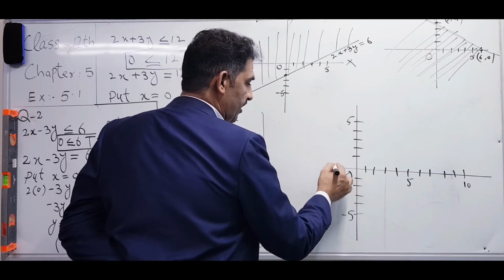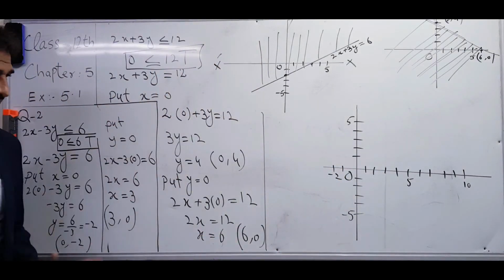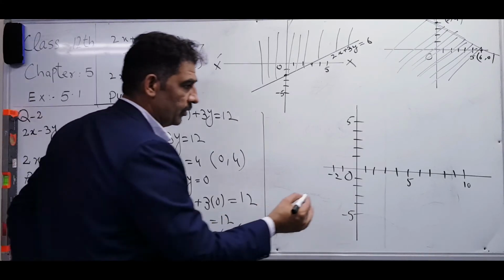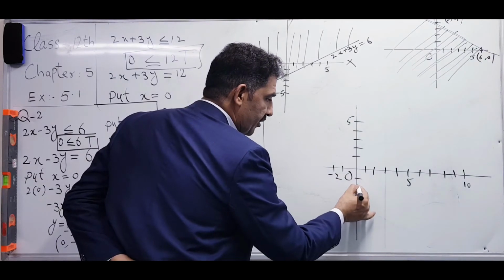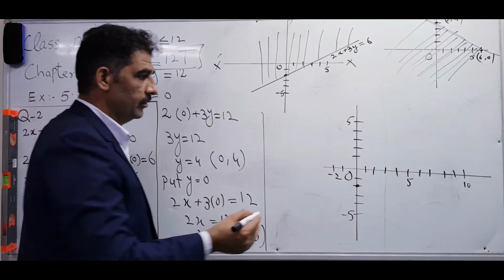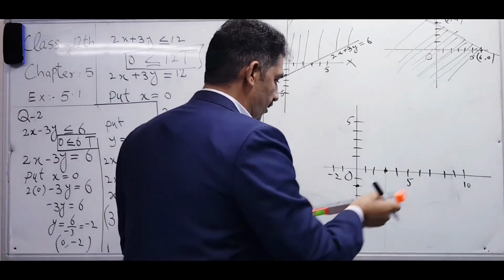I am not taking this side of the values because I know there is no negative value of x on this side. If I draw this line first, what is it? 0, minus 2. 0, minus 2 is this point, right? 3, 0 is this point.